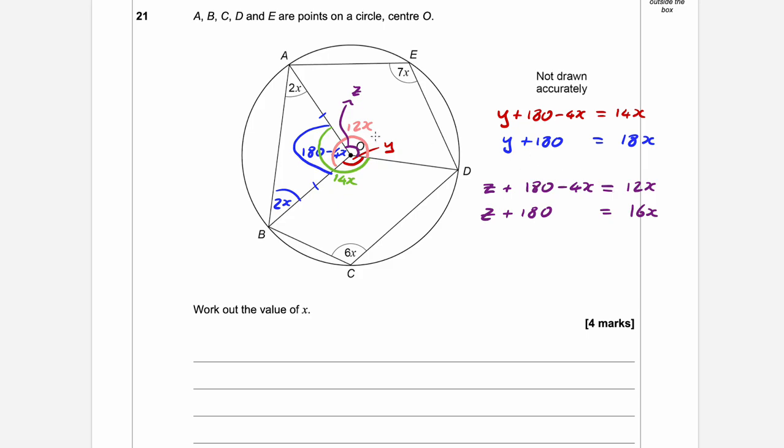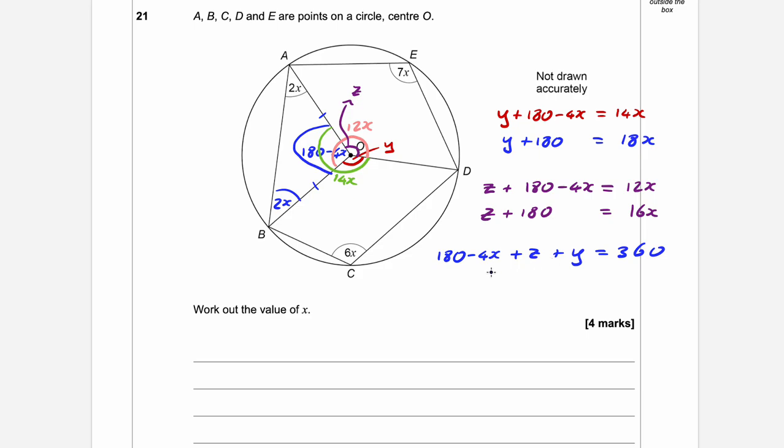But I can make a third equation. I'm really not entirely sure this is the easiest way to do this question, guys, but if it isn't, I will make a different video, but let's assume it is. I can make a third equation that the red, purple, and blue now need to add up to 360. So 180 minus 4x plus z plus y must equal 360.